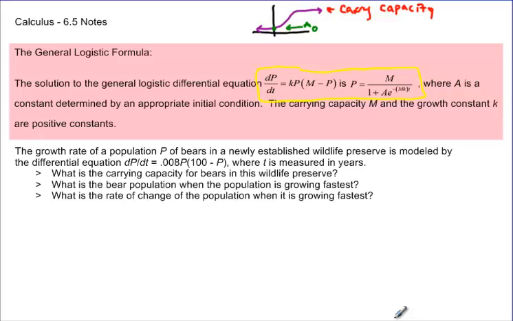The growth rate of a population of bears in a newly established wildlife preserve is modeled by the differential equation dP/dt = 0.008P(100 - P), where t is measured in years. So basically, if we were to see this as a fraction, we're going to have dP/dt equals 0.008P and then (100 - P).